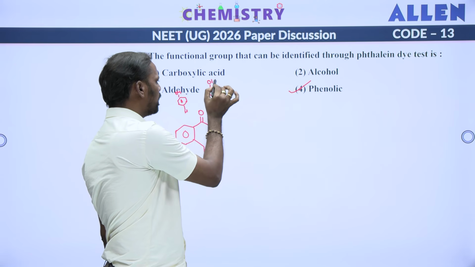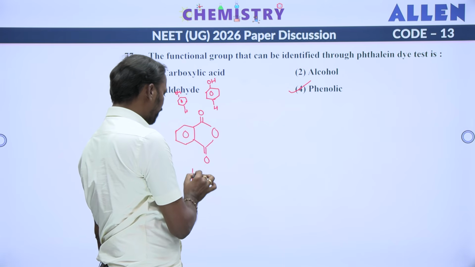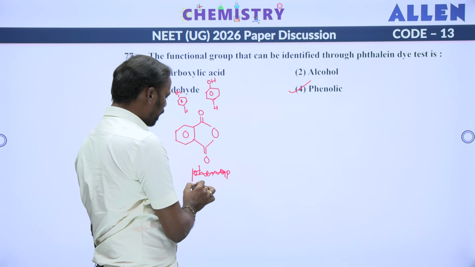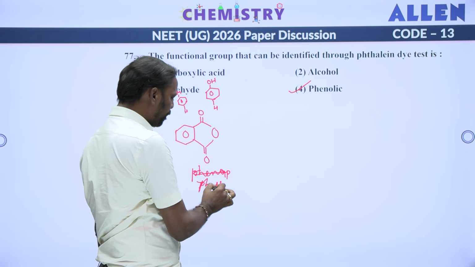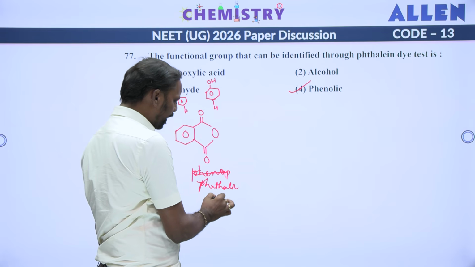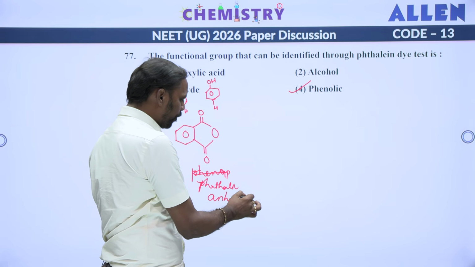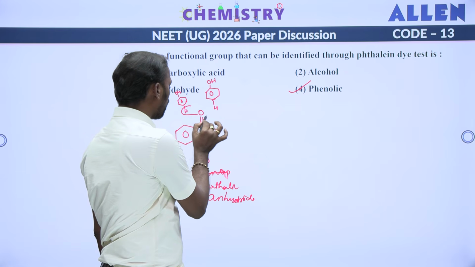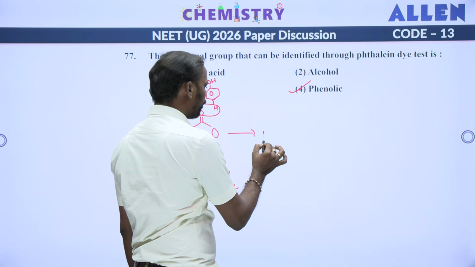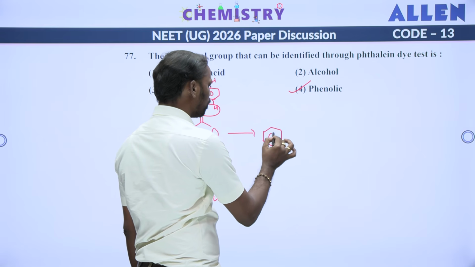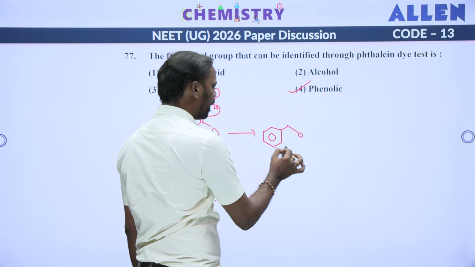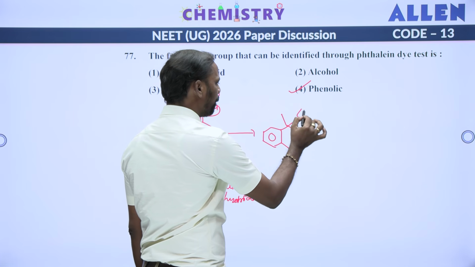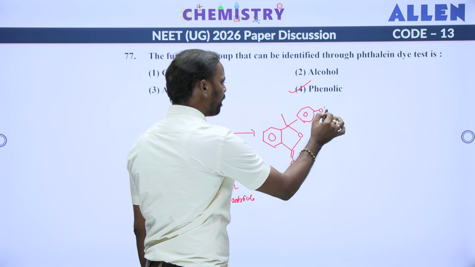So when this phthalic anhydride is treated with phenol, what will be formed? Here, the phenolphthalein indicator. This phenolphthalein indicator is colorless in acidic solution, whereas it is pink colored in basic medium.